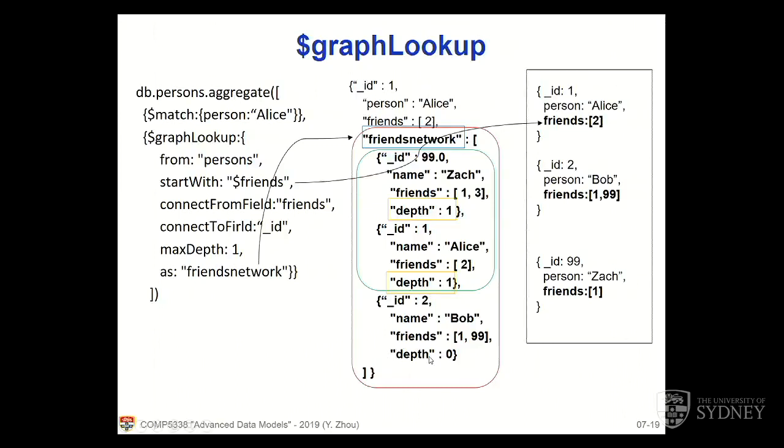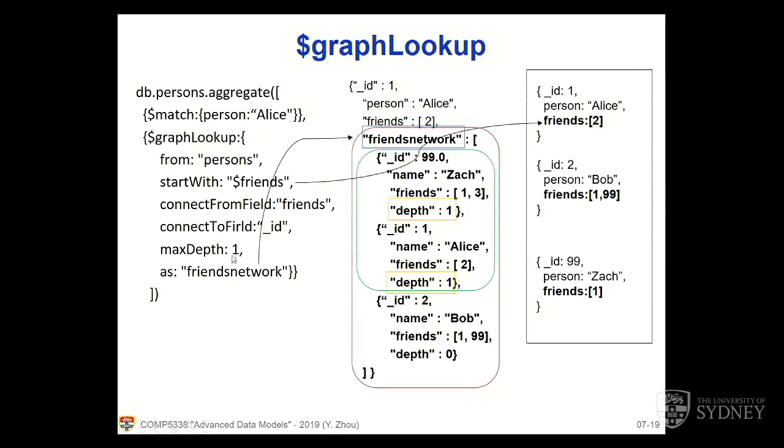So this will give you an idea. Depth 0 means immediate friends, which is Bob, and depth 1 is friends of friends. From Bob, we find these two, ID 1 and ID 99. Once you have this, you can do further queries, whether you only want immediate friends, friends of friends, or friends of friends of friends.